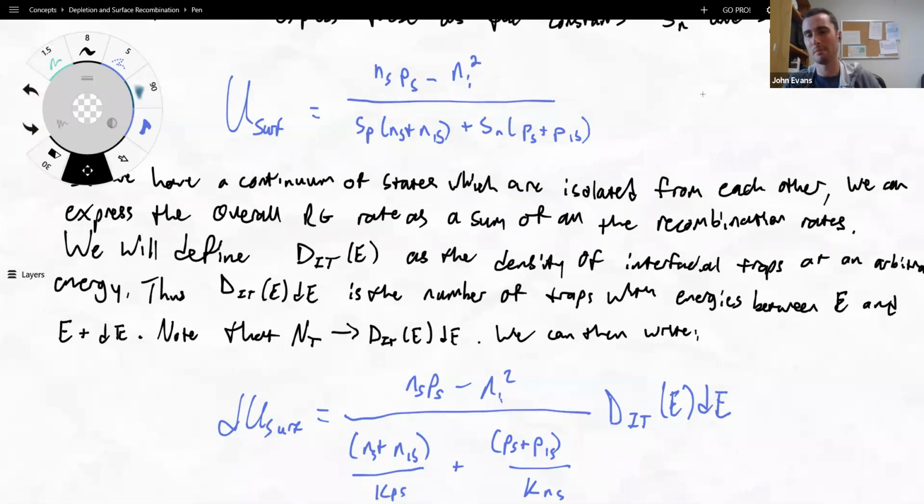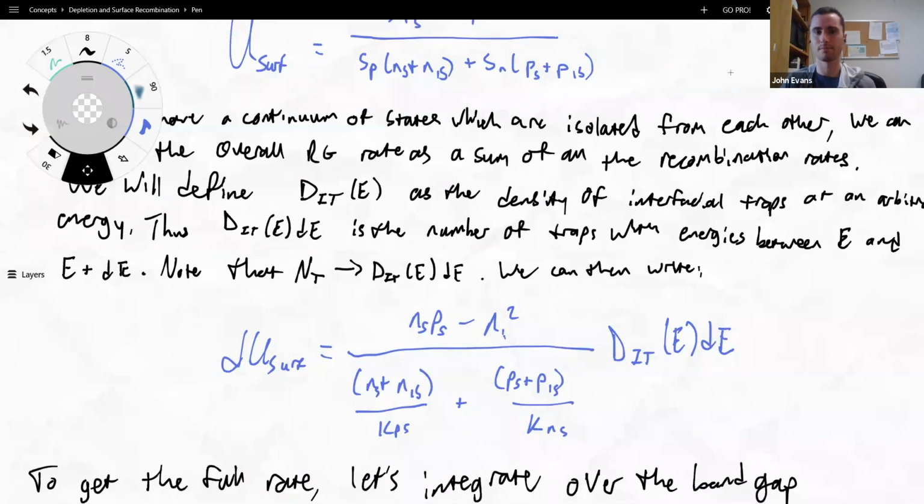Note that it's basically the same as the density of states, big N sub T, but now we're just doing it as a function of energy and not as just that single state that exists. We're saying there's a lot of different states that can exist, but maybe like there's 2 states at energy 1 and there's 5 states at energy 2, that kind of thing. But similar idea.